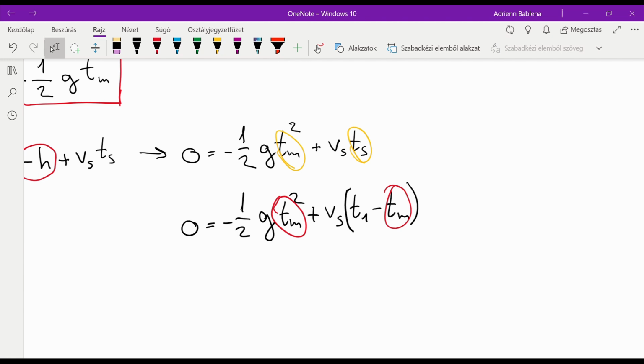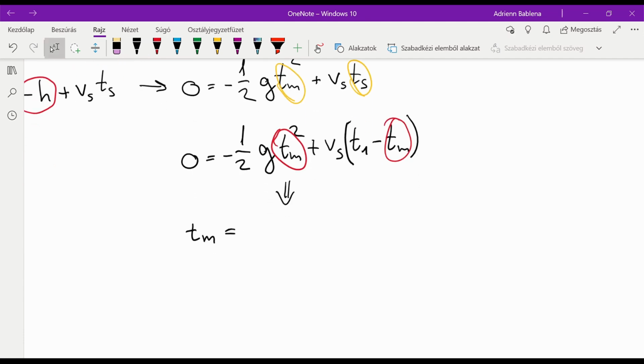It's a quadratic equation. I hope you can solve a quadratic equation, so don't waste time for it. From this quadratic equation, we can get 2 Tm. The first Tm is minus 71.858 seconds. There is no sense, so we cannot use a minus time.